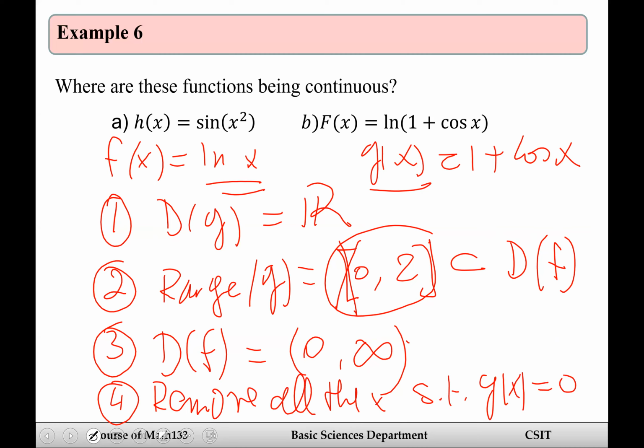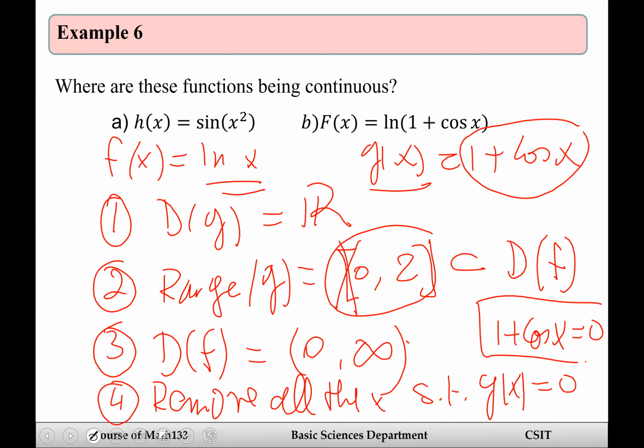And now the question: when is g of x equal to 0? This will give a trigonometric equation, 1 plus cosine x equal to 0. And from our trigonometric course, we can find all the solutions of this equation. So in the next step, I will solve this.